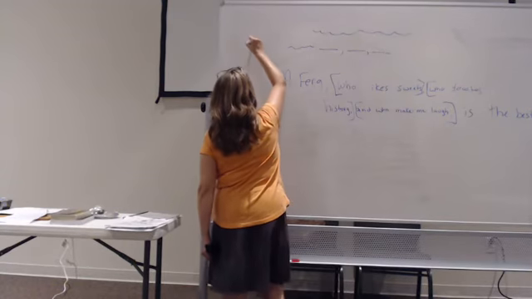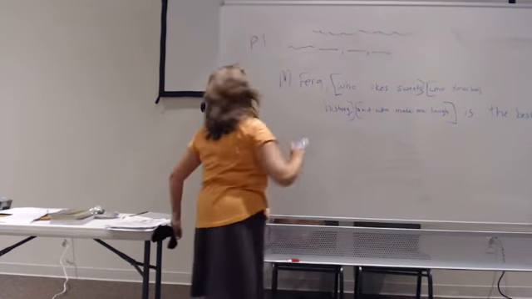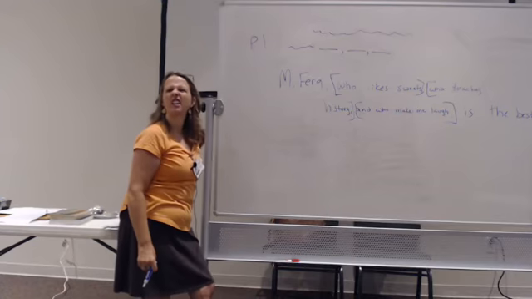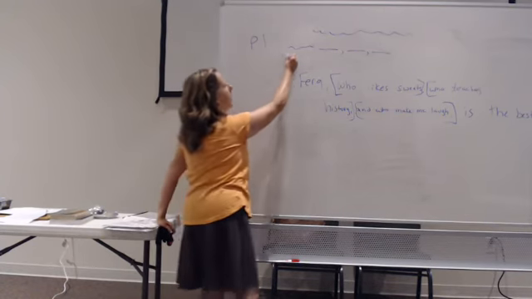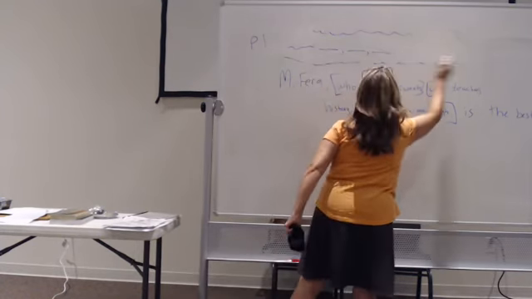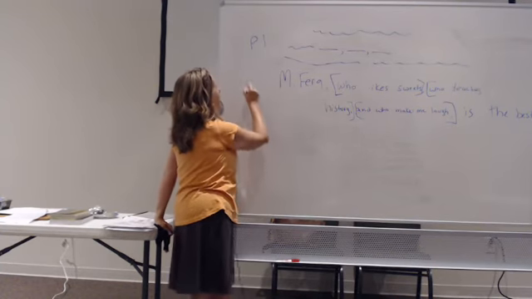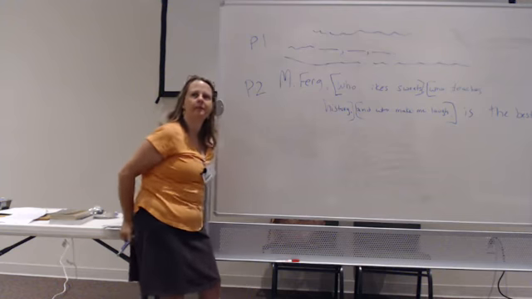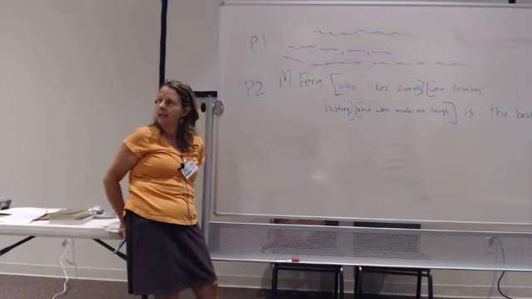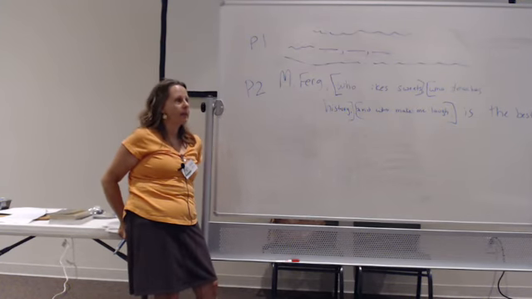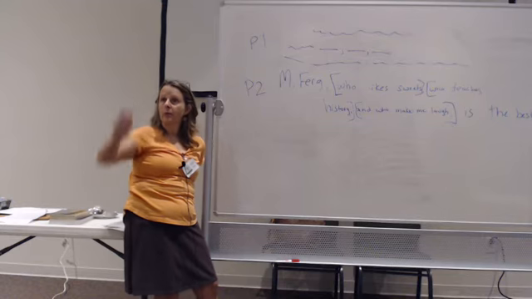And I'm going to put parallelism 1, because that's the first kind of parallelism that we learn. And then I'm writing, and then I get to this sentence, and it's got my 3 phrases, and I'm going to put parallelism 2, right? Because we have 2 kinds now. Does that make sense to everybody? Yes, Rhett.